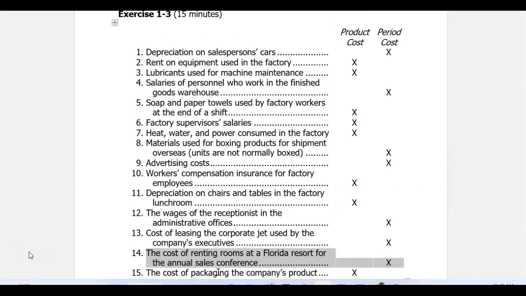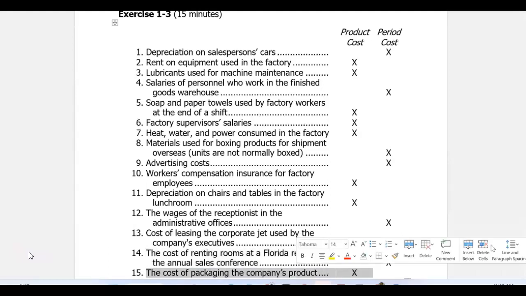The cost of packaging the company's product. That's the package of the product itself when you are producing it, and you need to package it no matter what. So that's part of manufacturing overhead, and it's a product cost.